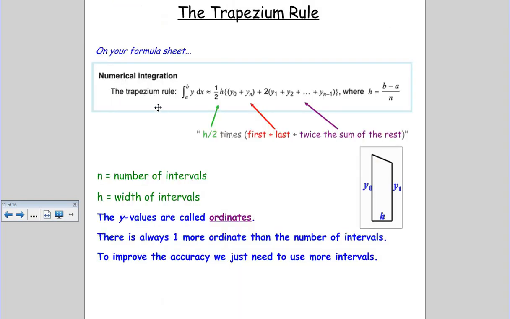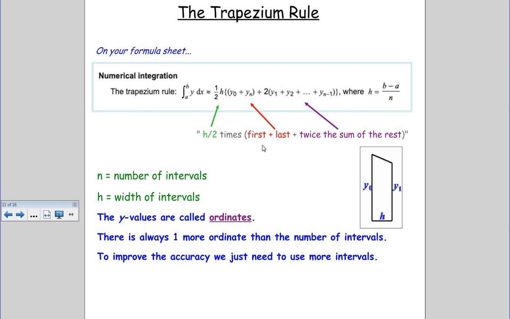And this is the formula that you get on your formula sheet. So if we're trying to integrate some function y of x with respect to x, going from a to b, then we're going to work out how wide each strip is. So h is just how wide the strip is. We do the full width and divide by how many strips we've got. We need to halve that, and then we need to add up the end heights, one of each, and we need to double the sum of the middle heights.